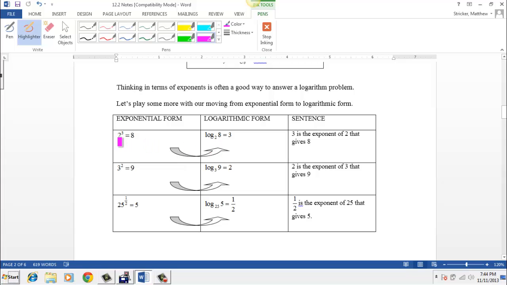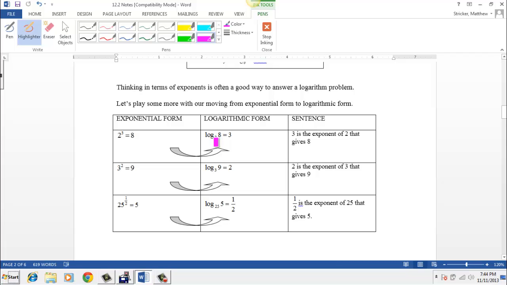For example, we know that 2 raised to the third power equals 8. What does that look like in log form? Remember, the base is 2, so the 2 goes down here as the subscript, and the power is on the other side of the equal sign. So the question we're asking ourselves is, 2 raised to what power equals 8?